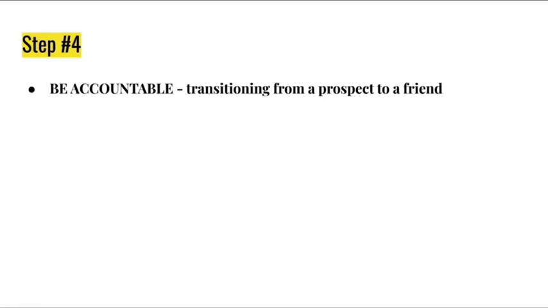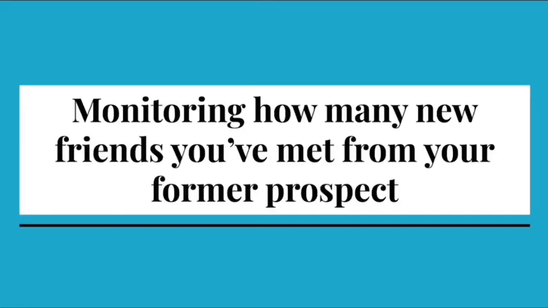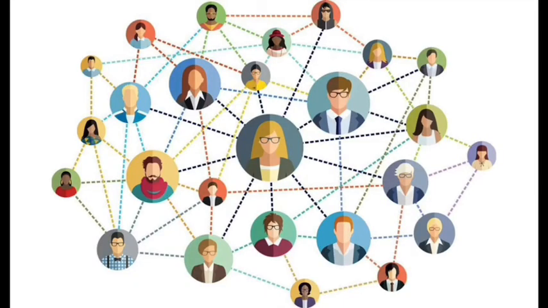And also, as you're being accountable, one of the great ways to measure that you are doing a great job of being accountable is monitoring how many new friends your friend, friend A, who you met with at the event or activity, introduces you to. Those are friend A's friends, if that makes sense. So now you have friend A, with whom you've built a working relationship, you're being accountable, providing these various service-minded strategies, and now friend A is introducing you to their friends.